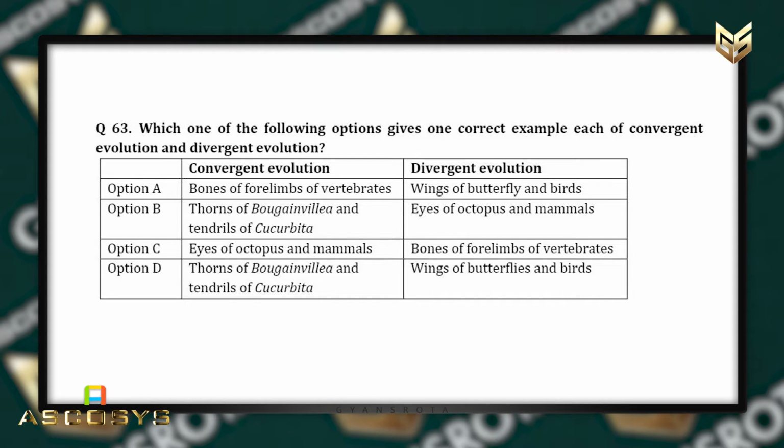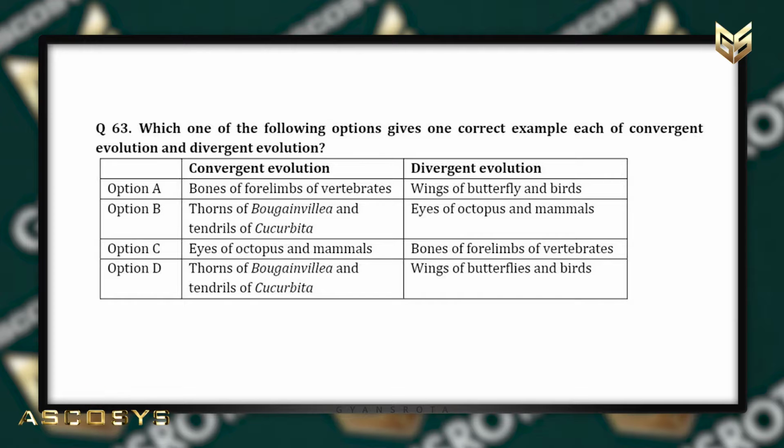That is the incorrect example. Next is option number B, thorns of bougainvillea and tendrils of cucurbita is the convergent evolution, whereas the divergent evolution is the eyes of octopus and mammals. Next, in option number C, it is written eyes of octopus and mammals is the convergent evolution and the divergent evolution is bones of 4 limbs of vertebrates. That is the correctly matched option.